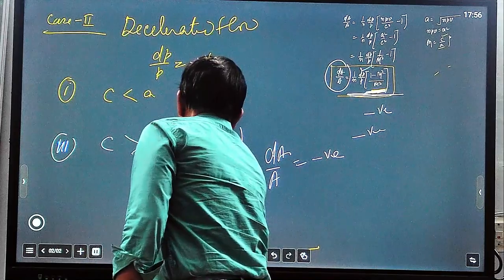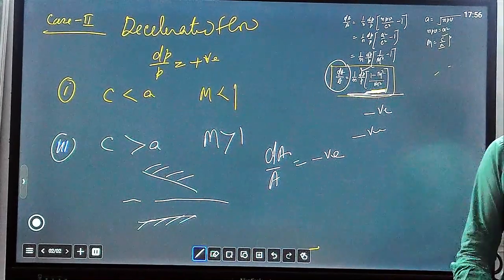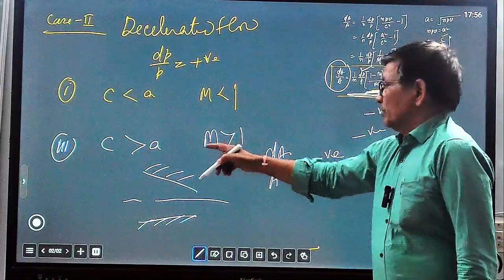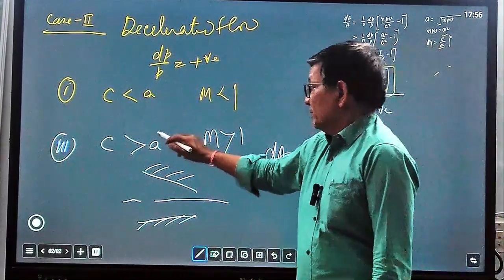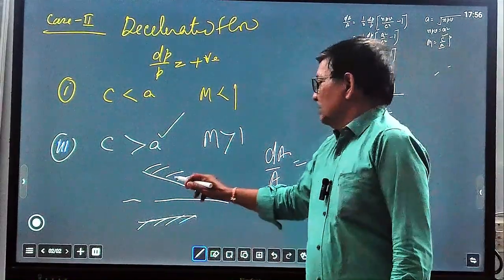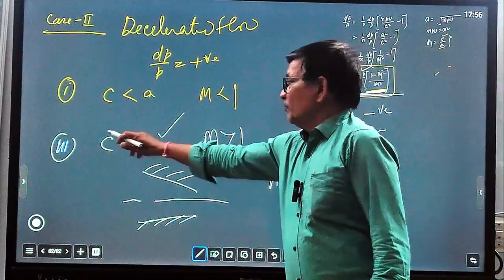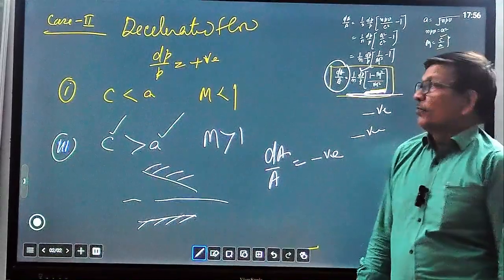The diffuser will become convergent because it provides deceleration. When the velocity of steam is already greater than the velocity of sound, to reduce the velocity, we have to use a convergent diffuser.